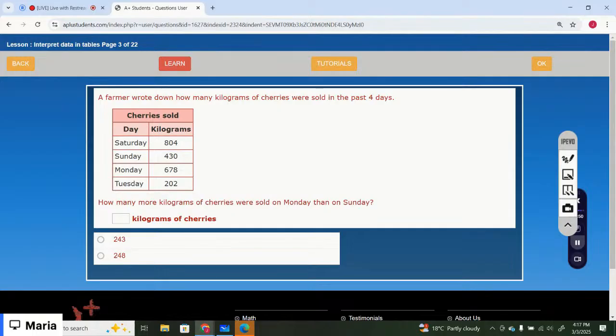A farmer wrote down how many kilograms of cherries were sold in the past 4 days. How many more kilograms of cherries were sold on Monday than on Sunday?